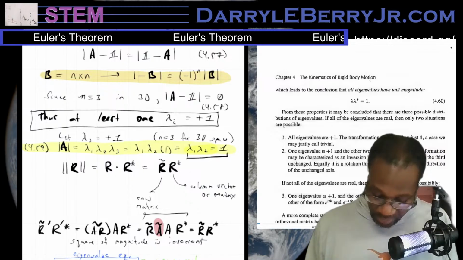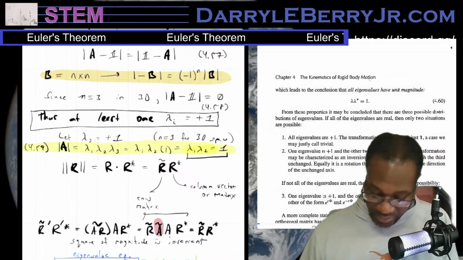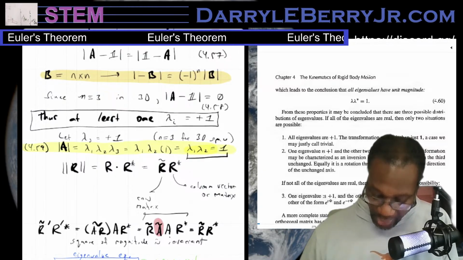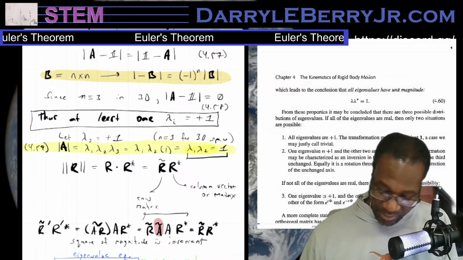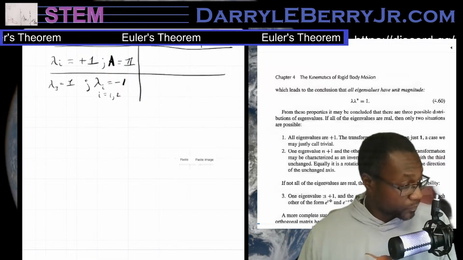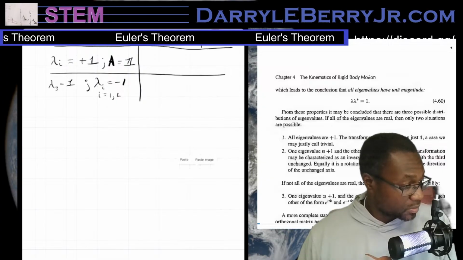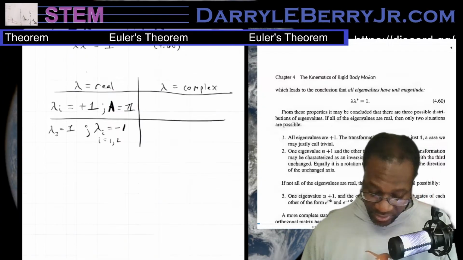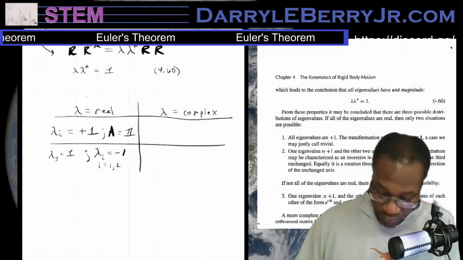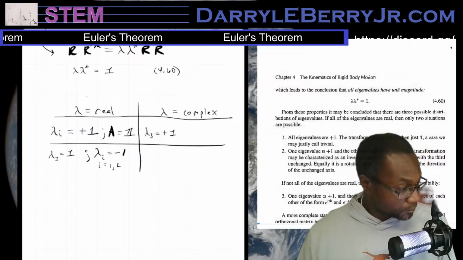So they're basically looking at ways that equation 4.19 is true, where all the lambdas multiply with each other and still equal 1. Either they all can be 1, or one can be 1, which I call lambda 3 equals 1 like the book does, then lambda 1 and 2 are negative 1, or if not all the eigenvalues are real, there's only one additional possibility, which is one eigenvalue is plus 1. So we'll say lambda 3 equals plus 1.